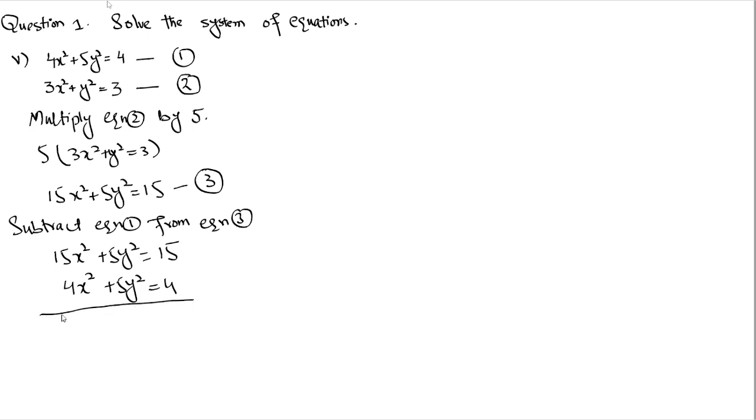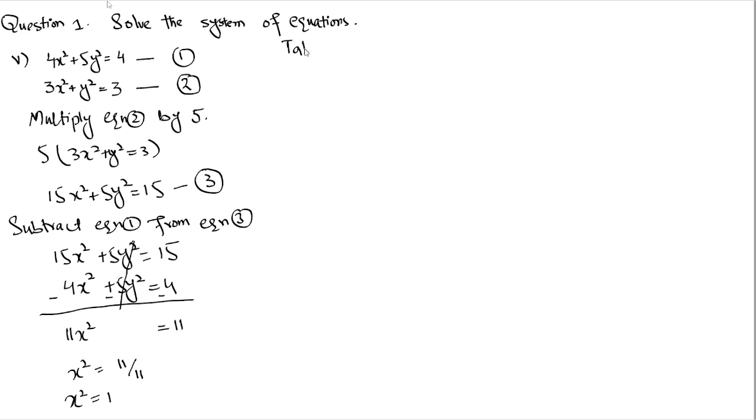Now we are performing subtraction, so we will change the signs of our equation. So 5y square cancels out with minus 5y square, and 15 minus 4 is 11. 11x square is equal to 11. Now x square is equal to 11 by 11, which means x square is equal to 1.